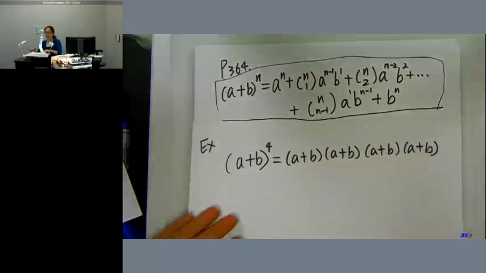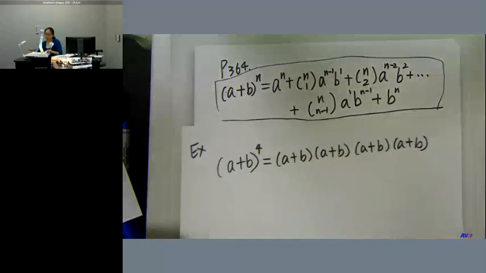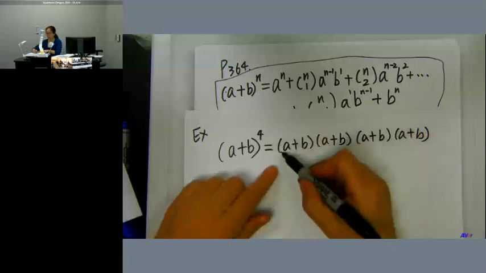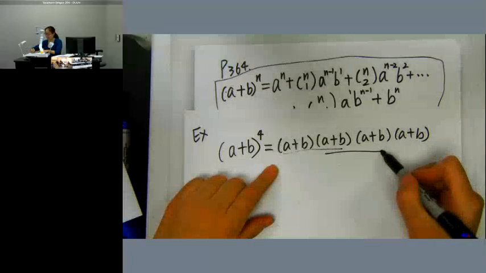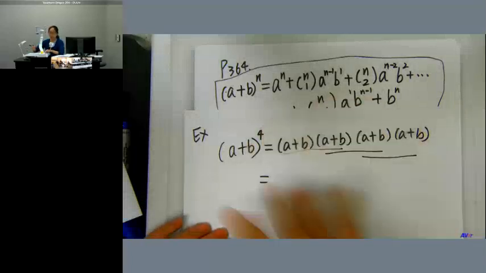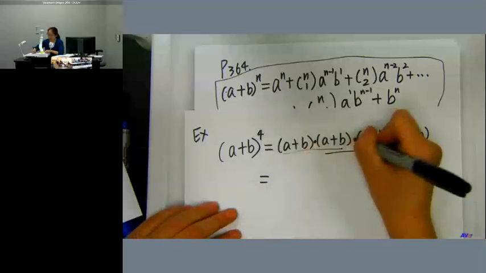Usually in algebra class, I don't think we try to multiply all 4 of them together. What we try to do is multiply the first 2, get the answer, multiply the next one, and then multiply the 3rd one. But now we're going to try to multiply all of them together. So try to understand the multiplication.